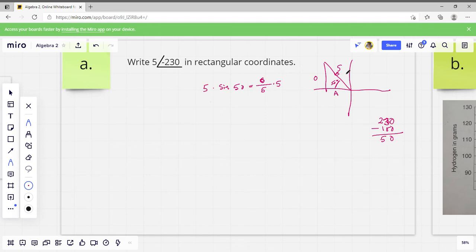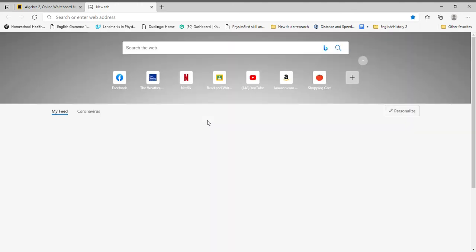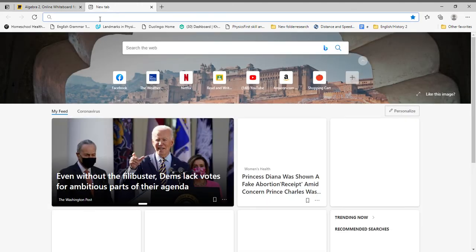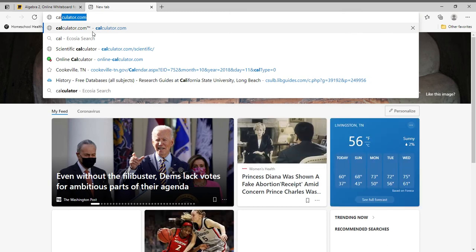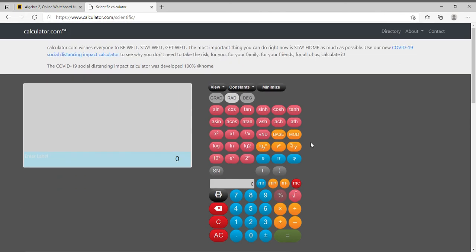And that is going to be, let me find a calculator here. calculator.com. Okay, we need a scientific calculator. Okay, and then we need the sine of 50 degrees times 5.